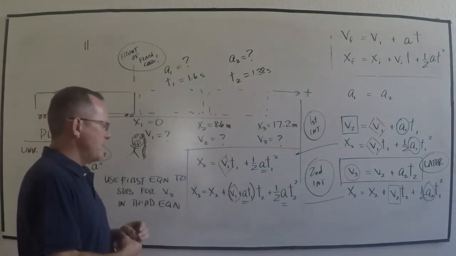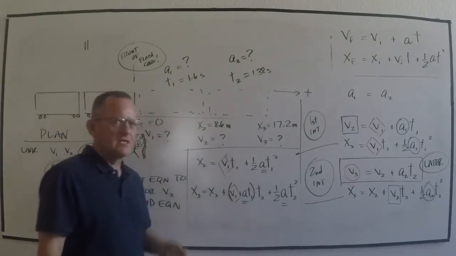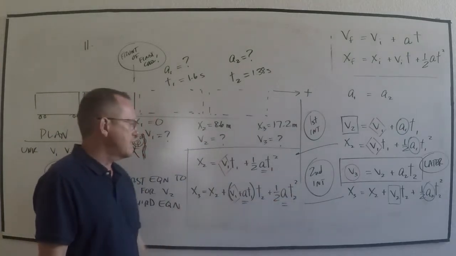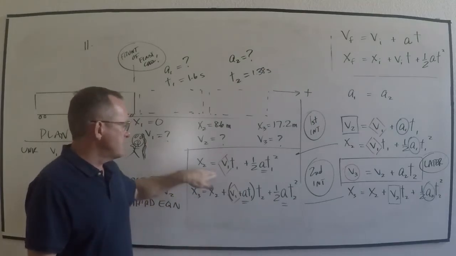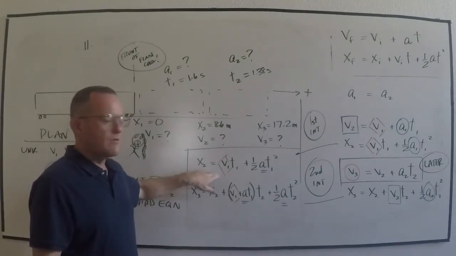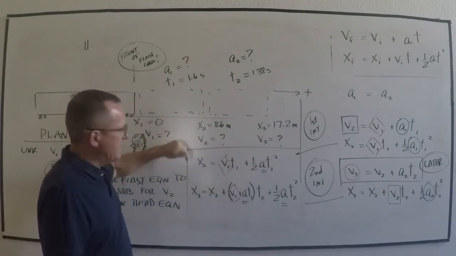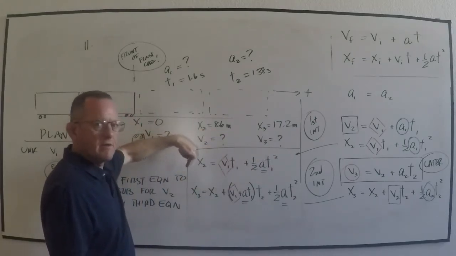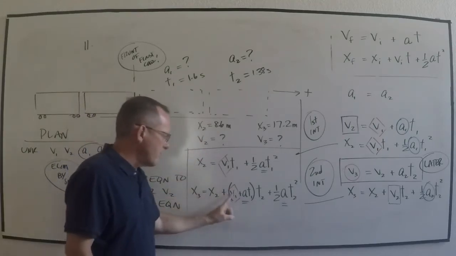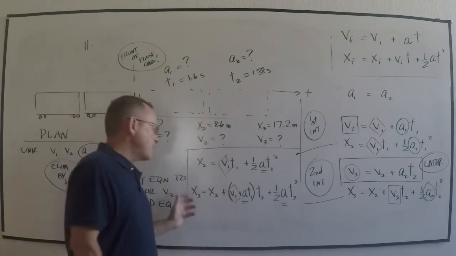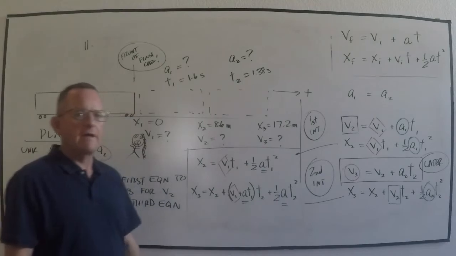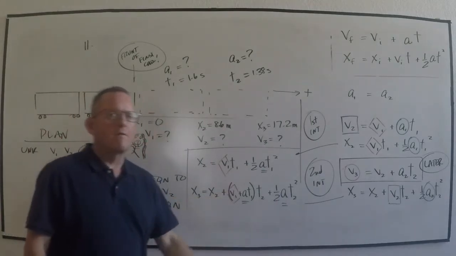To eliminate V1, you're going to have to rearrange one of these to read V1 equals and put it into the other. What I would recommend is rearrange this one to read V1 equals stuff. You're going to have to subtract this from both sides, divide by T1. Take the result, put it right there. At that point, you have one equation with only A. 3 steps more, and you're done.